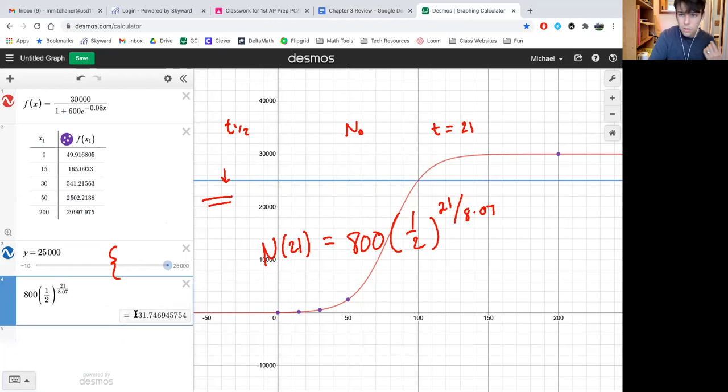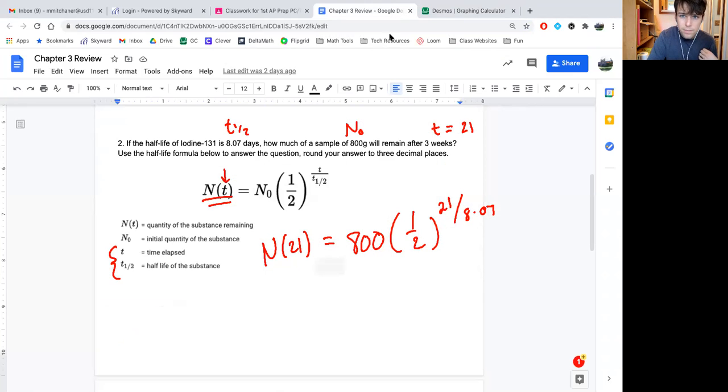And I believe it says to round to 3 decimal places. So we're going to get 131.747. So after 21 days, we would have 131.747 grams remaining. That would be our answer there.